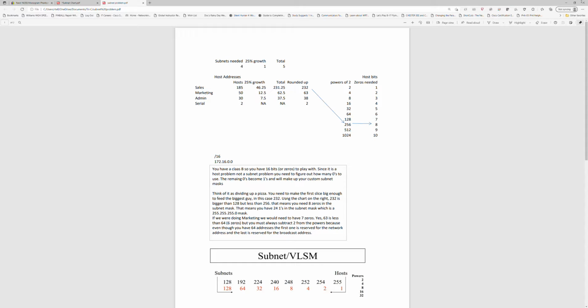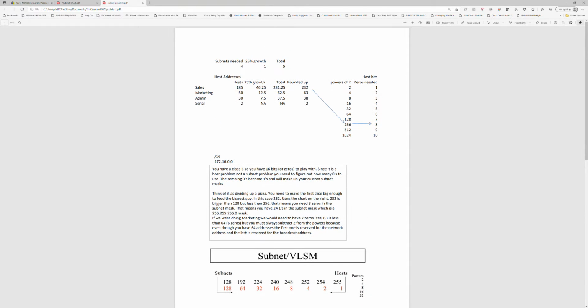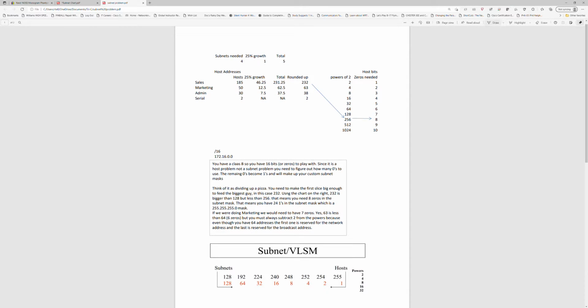But in this particular case, we had 4 subnets, and taking into account for the 25% growth, that means we need to have one extra subnet in the picture. So that gives us a total of 5 subnets.